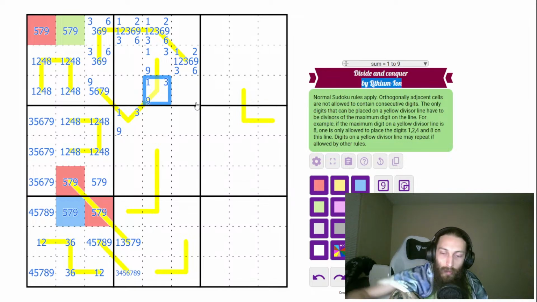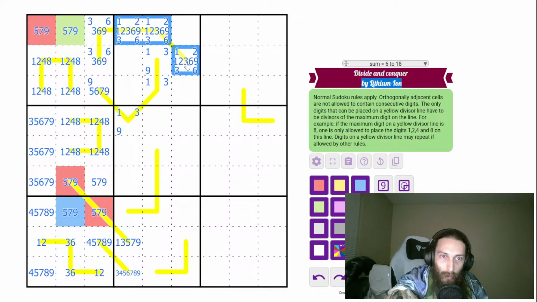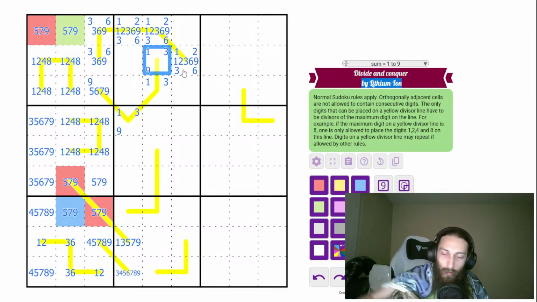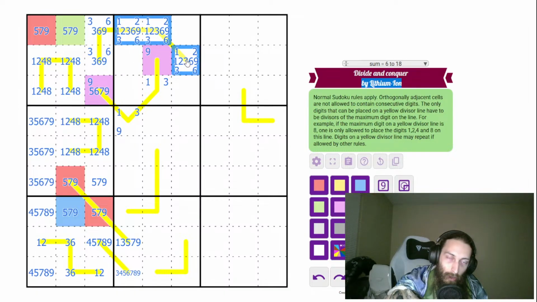Never mind, 9, that's 5 digits. 1, 2, 3, 6 would force a 9 here. So I think this one is that one, regardless. Because if this is a 9, that ends up being a 9. If this is a 6, 1, 3, 9 means this has to be a 2, 6 pair.